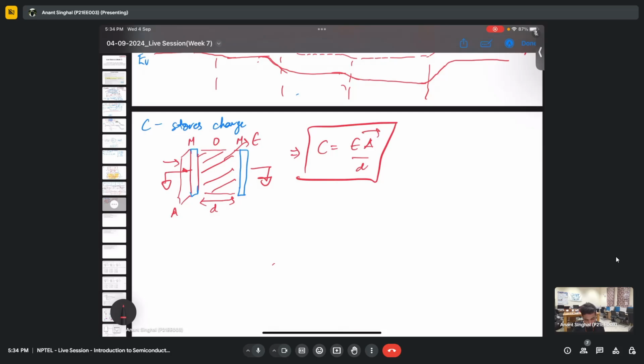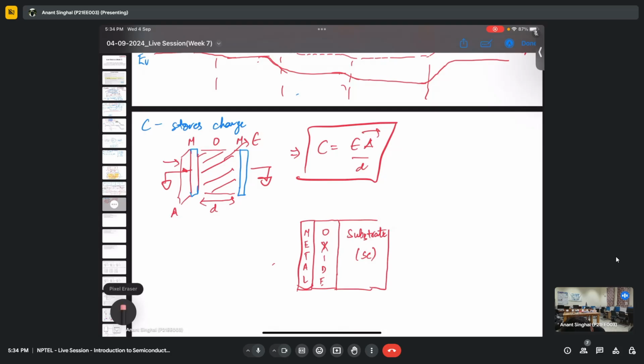So now, let's say I have a metal, and again an oxide. I'm writing this as metal and this as oxide. Now I'm putting in an additional dielectric, which I'm naming the substrate, or you can say a semiconductor material, and at last I again have a metal.